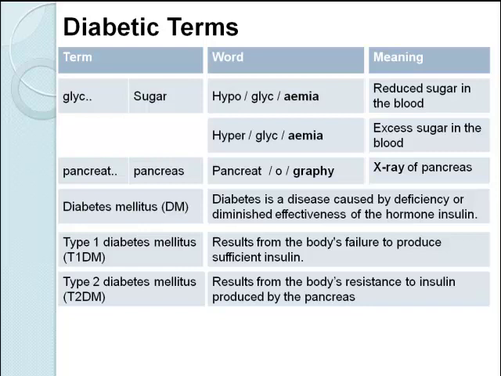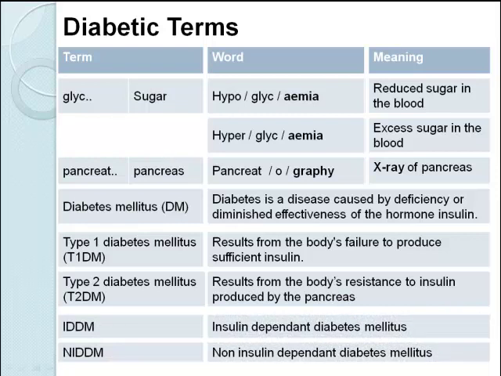But in severe cases of type 2 diabetes, patients may be on insulin injections. Previously, type 1 and type 2 diabetics were referred to as IDDM or NIDDM, insulin-dependent diabetes mellitus, or non-insulin-dependent diabetes mellitus. These two terms are being replaced by the terms type 1 diabetes and type 2 diabetes.